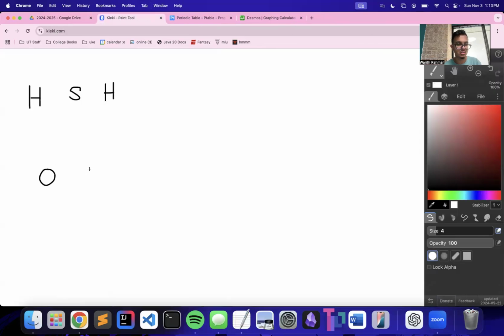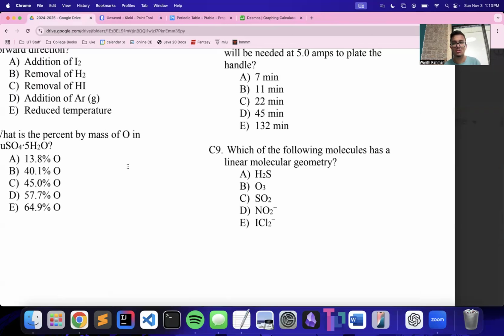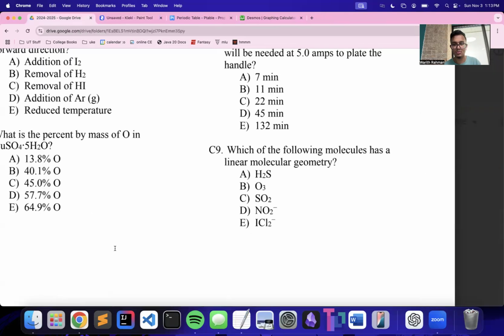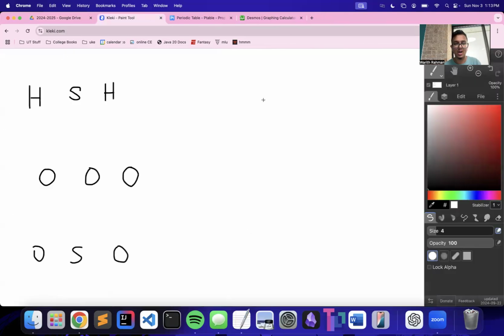Oxygen should just be like this, and these are all going to be drawn linear originally because I don't want to draw them bent to start off with if they don't end up being bent. So if SO2, we have NO2 minus, then this just means we have an extra electron. And then lastly, we have ICl2 minus.